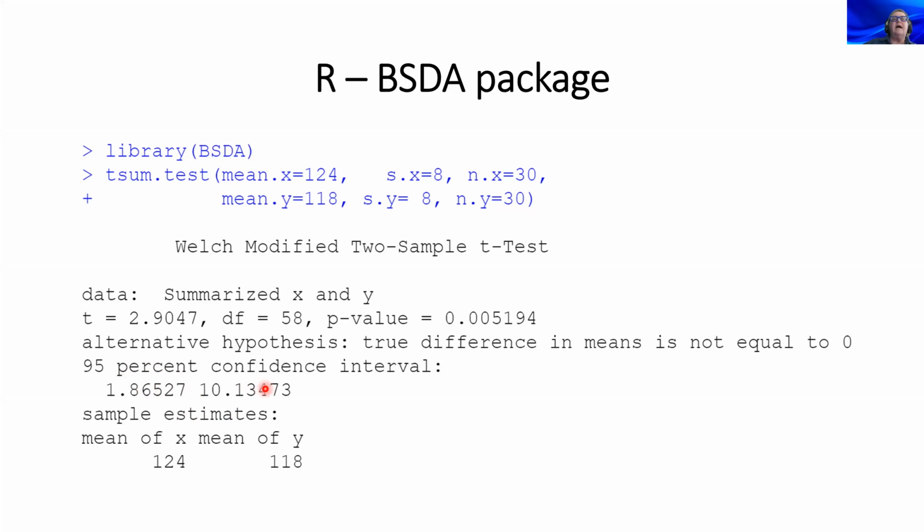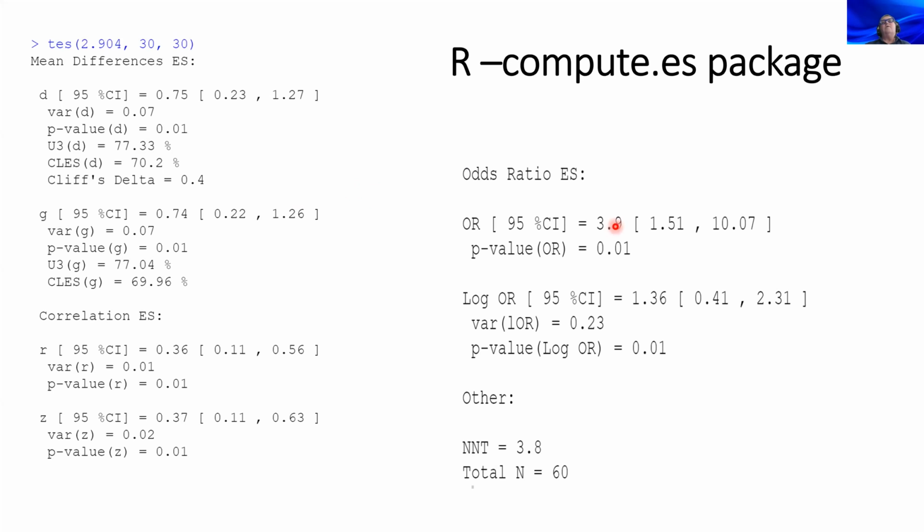We have our 95% confidence interval in terms of the alternative hypothesis, and then we see what's happening in terms of the sample estimates. What's nice about this R compute.es output is that I input the t-test and the two values. So you get the d, you get the 95% confidence interval for d, the p-value, and some other effect size indices: the U3, the CLES, Cliff's delta.